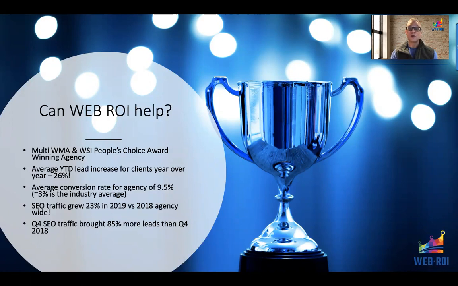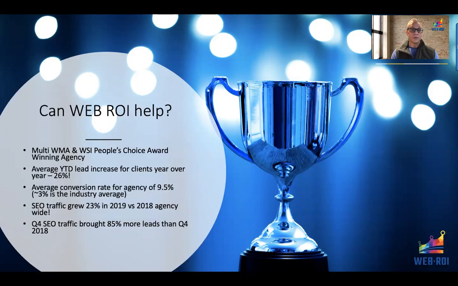Our average year-to-date increase in conversion rate this year, 2020, year over year, up until before COVID-19 started, was 26%. That means that we improved our conversion rate on our clients' websites by 26% over the same period last year. Why? Because this is something we're always working on, always improving, and always tweaking, including the quality of traffic that we're driving to the websites.